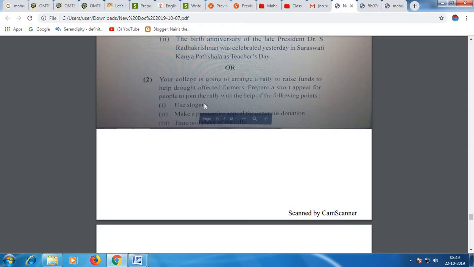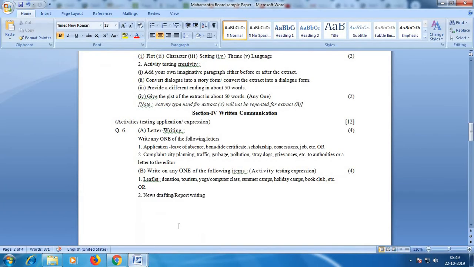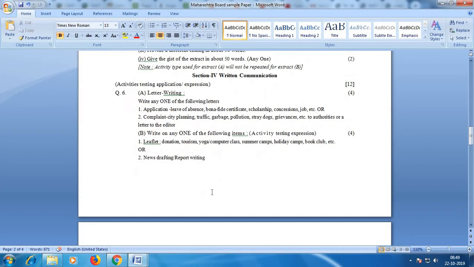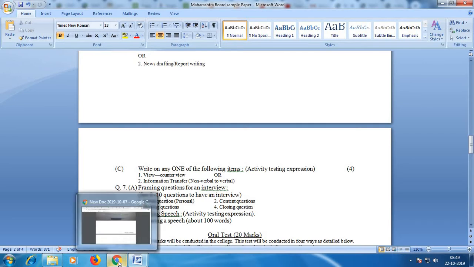So these are the things to be mentioned in that. Now let's see. News drafting or report is of 4 marks. It can also be view, counter view, information transfer, non-verbal to verbal. Such questions can also be asked.